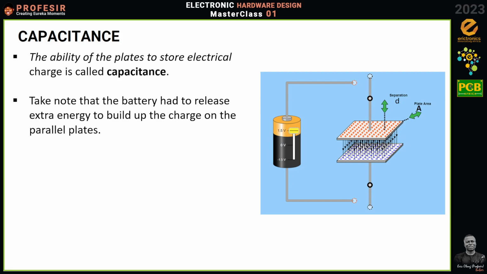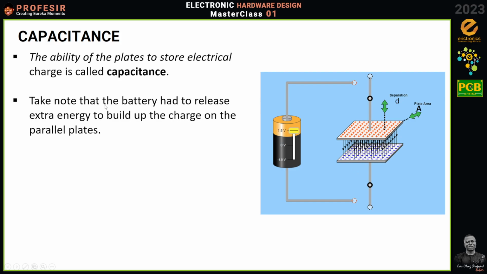Now, take note that the battery had to release extra energy, because the charges that moved are different from the charges that are required to keep the battery's potential. That means extra charges have to be released. So that is why there had to be an energy release, and it comes with an associated flow of charge.